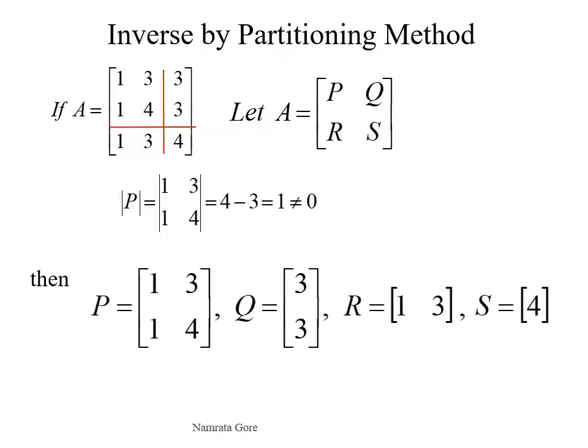Then comparing the two matrices, we get P as 1 3 1 4, a square matrix, Q as the column matrix 3 3, R as the row matrix 1 3, and S as 4, that is, a matrix containing a single element.